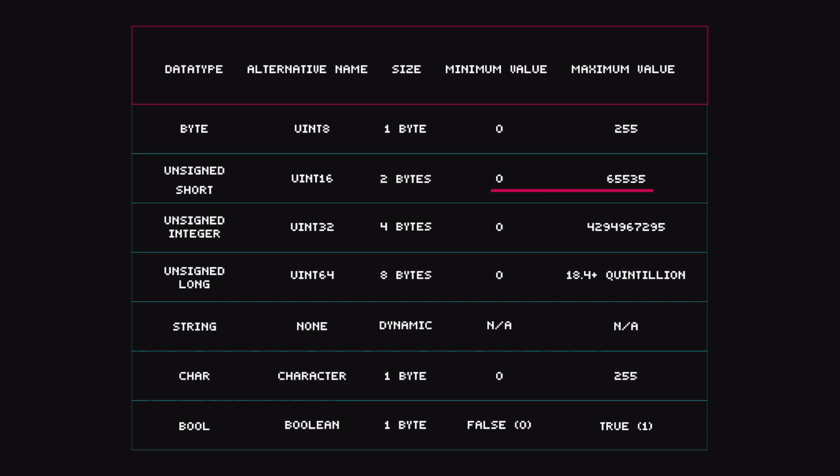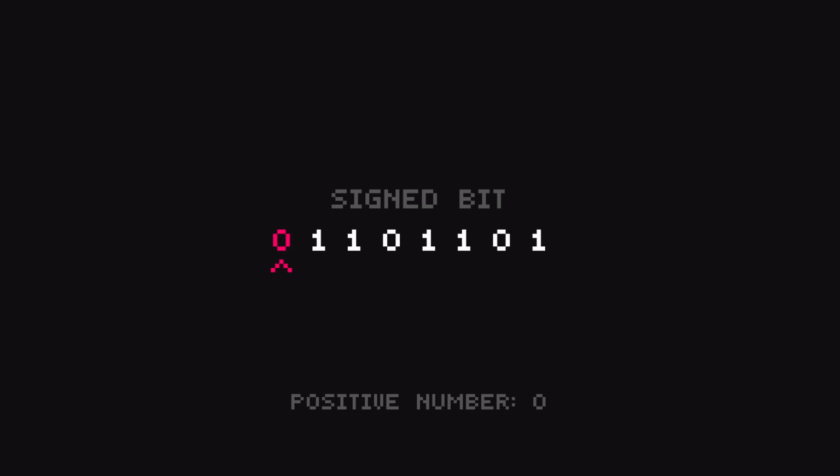This is the range of an unsigned short, for example. But when I make this short signed, the range will also include negative numbers. But we can also see that it decreases the range of the positive numbers as well. This is because the first bit of a byte is a sign bit, which is used to represent if a number is going to be positive, number 0, or negative, which is number 1.